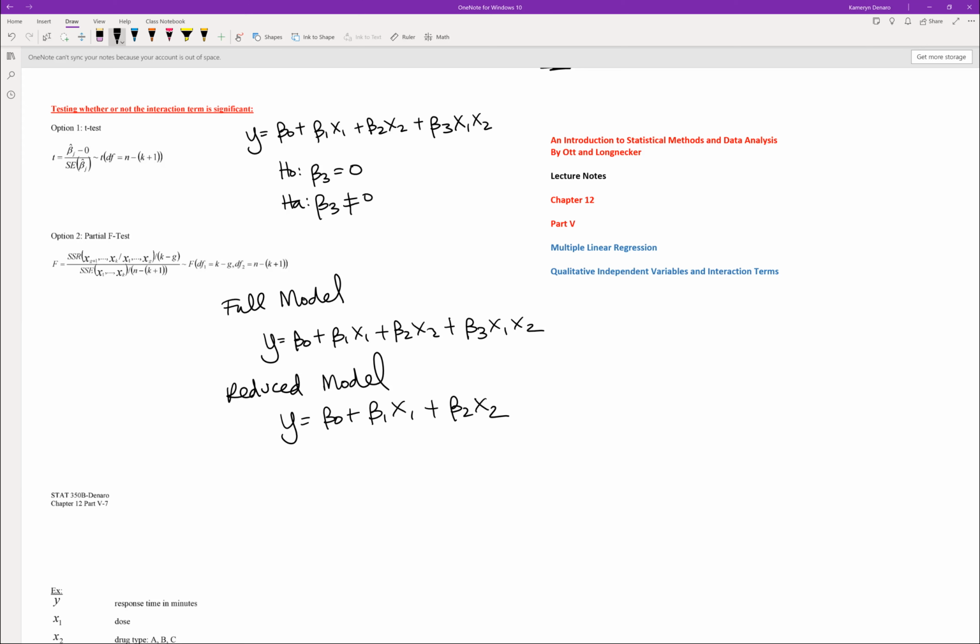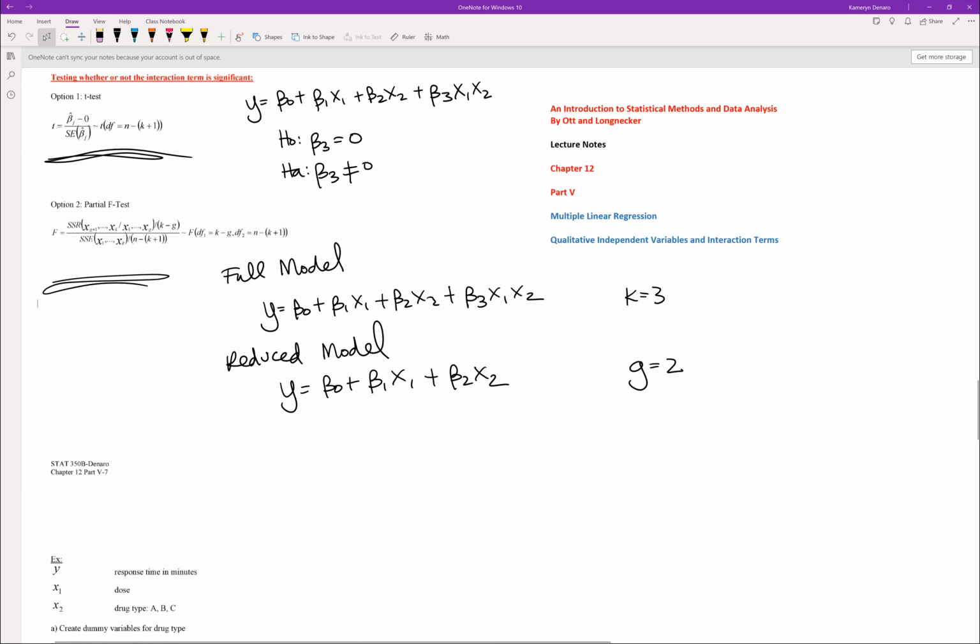For this particular case, k is equal to 3 and g is equal to 2, so the difference in the number of parameters is 1, and you can carry out a partial F-test. Make sure you go back to the earlier Chapter 12 to look at how to test a single slope parameter or how to do a partial F-test with the full and reduced model.